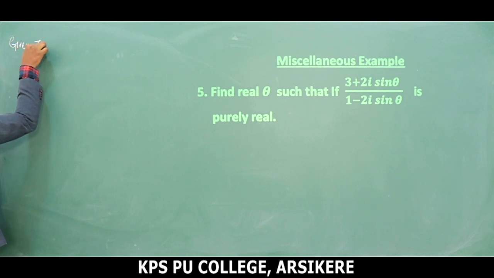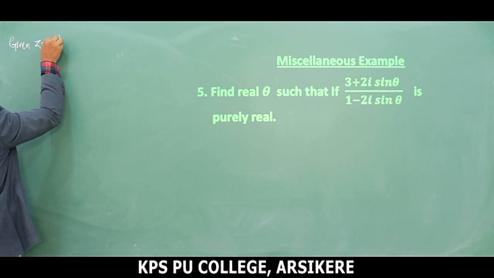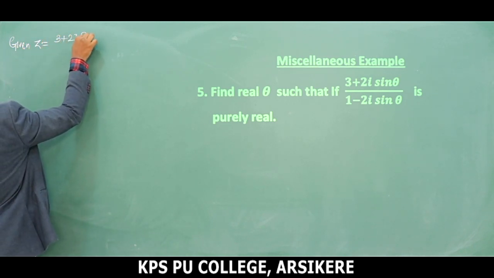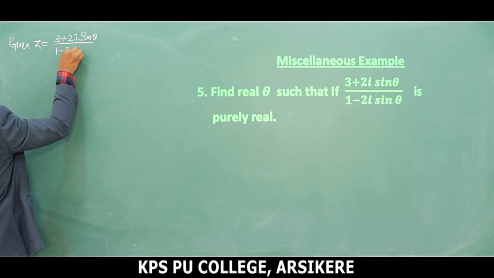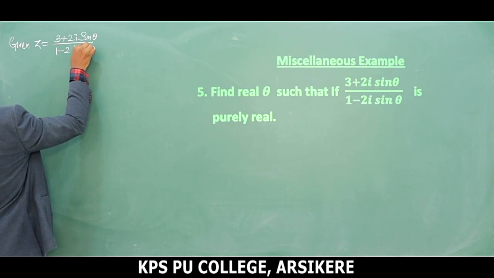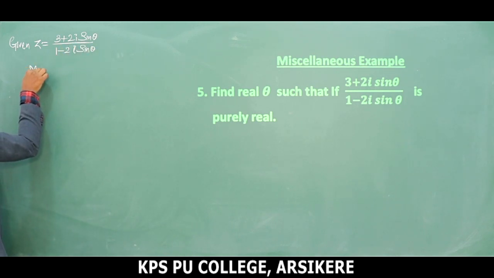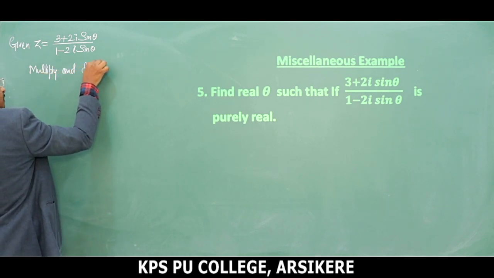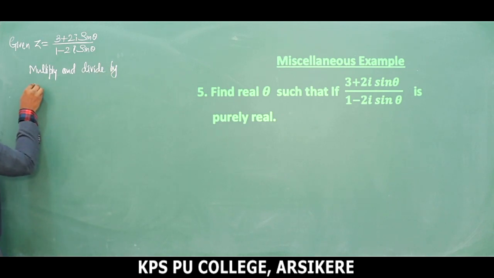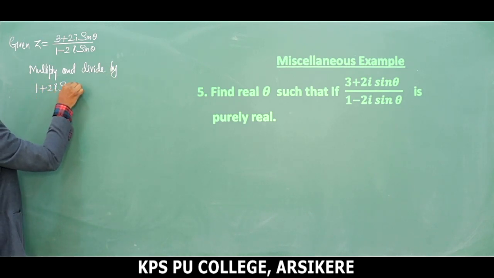Given z is equal to (3 plus 2i sin theta) divided by (1 minus 2i sin theta). First and foremost step is multiply and divide by 1 plus 2i sin theta.